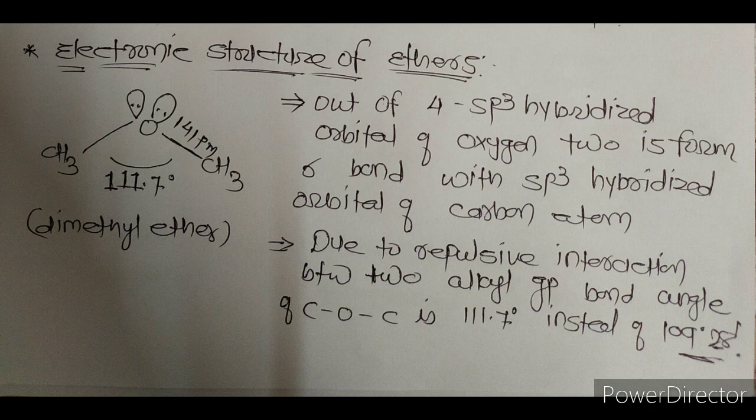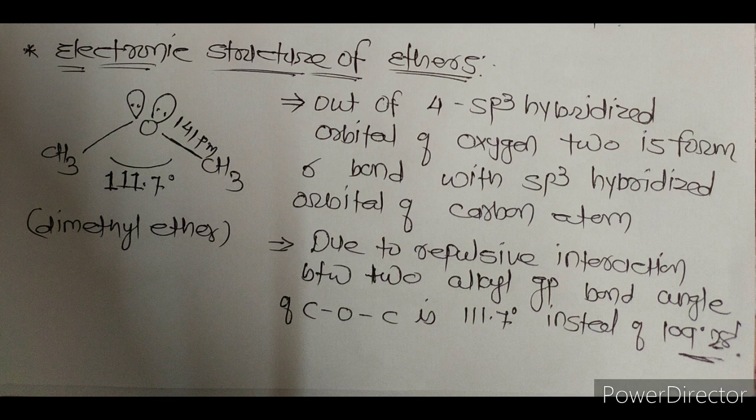Most important thing you must remember: whenever sp3 hybridization takes place, the value of the bond angle is 109 degree 28 minute, but in case of ether it becomes 111.7 degree. And the simple reason is the repulsive interaction between the two methyl groups.